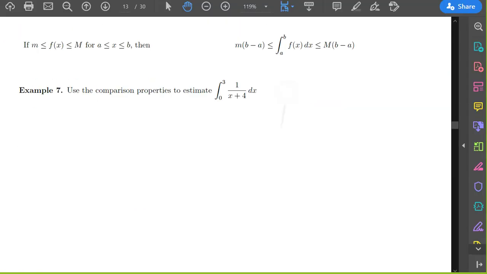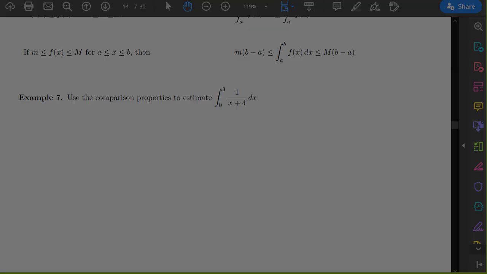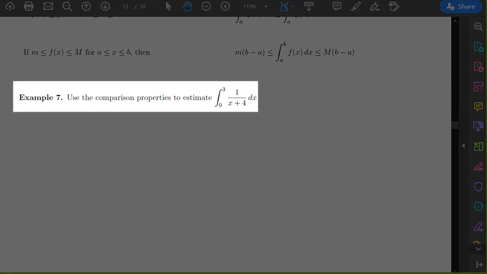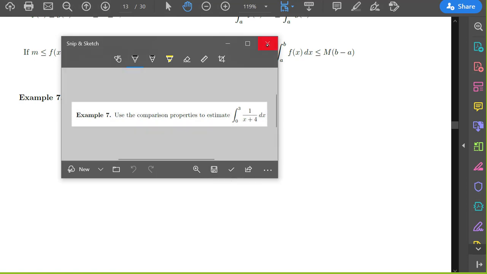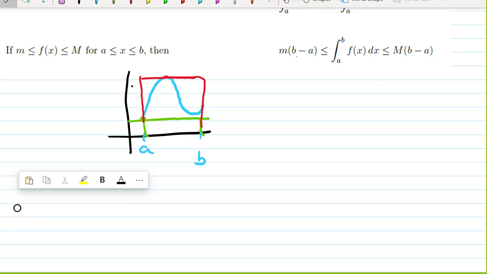All right, so let's go ahead and use these properties to estimate the value of this integral.